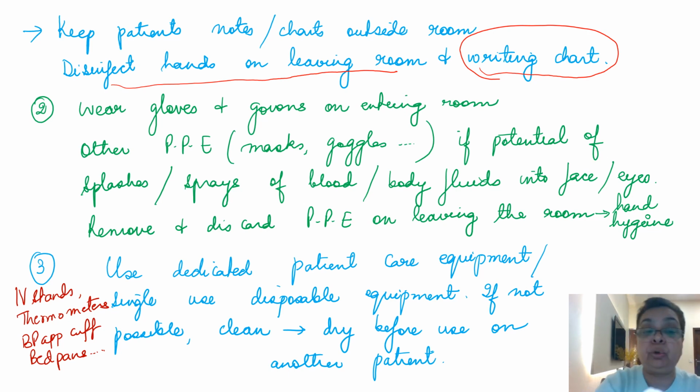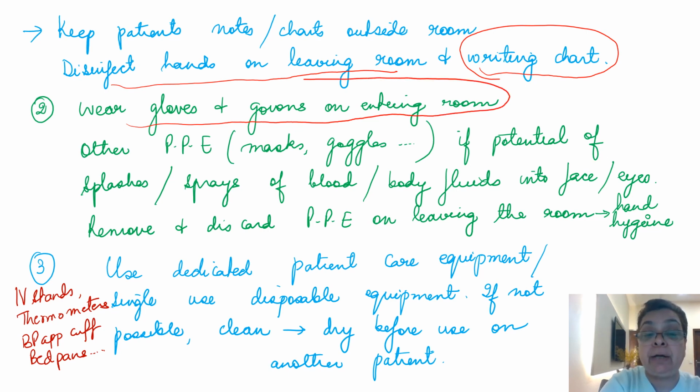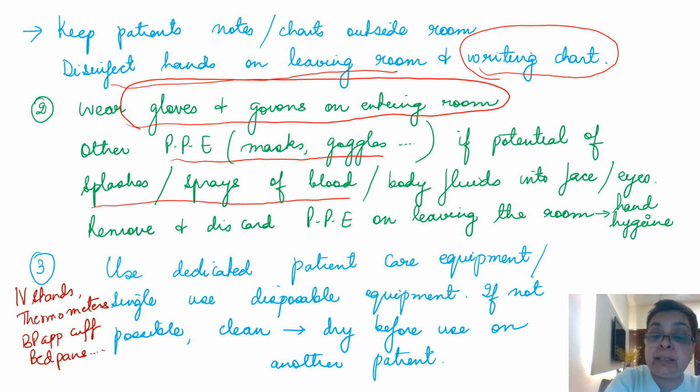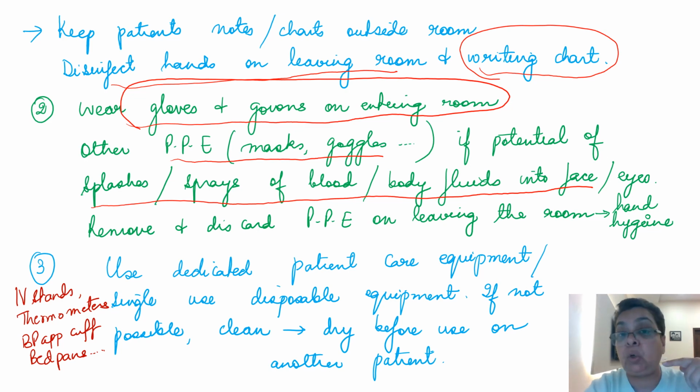Second step that you're going to take is wear gloves and gowns on entering the room. These may be unsterile ones, okay, but gloves and gowns have to be worn on entering the room. Other personal protective equipment like masks, goggles, face shields have to be worn only if you have predicted that splashes or sprays of blood or body fluids may occur into your face or eyes.